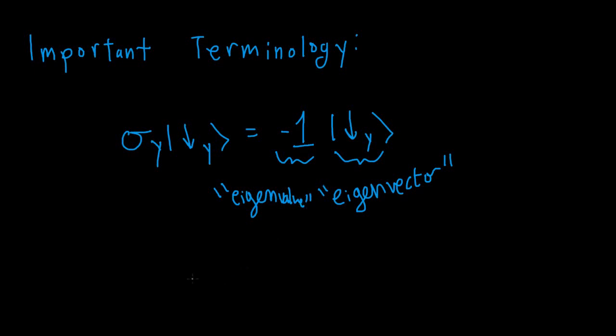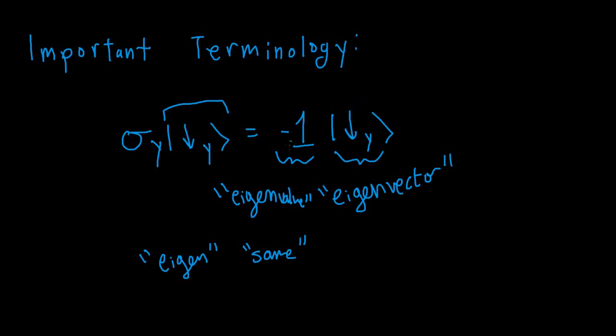Now apparently, I looked it up, and eigen is, I think, a German word which means same. So that actually makes a lot of sense. This is called, in other words, a same vector, so to speak, because when the matrix acts on this vector, the vector stays the same.